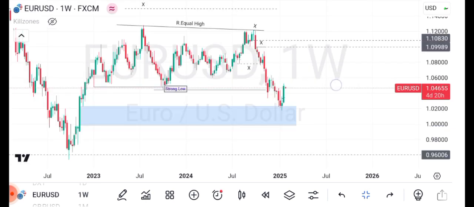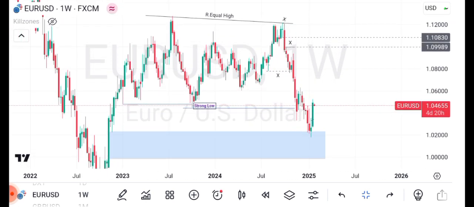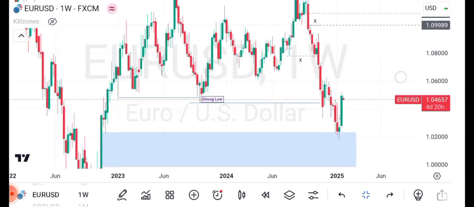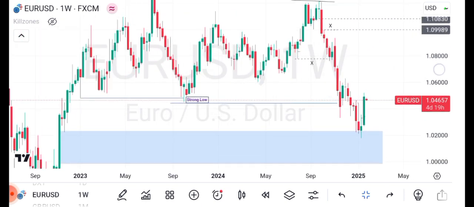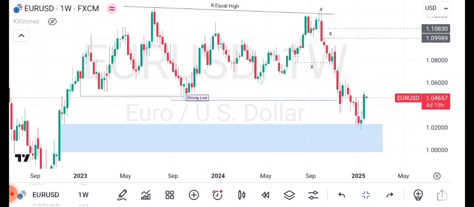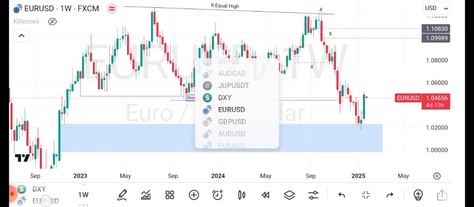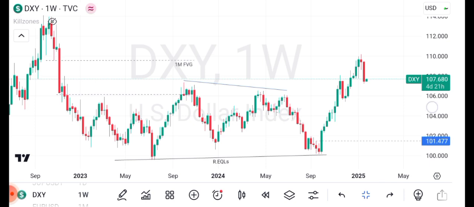Can you see this, guys? Almost the same price action. So before analyzing your EUR/USD, you want to be clear on what the market is doing on your DXY.